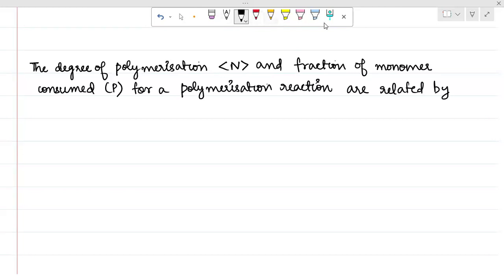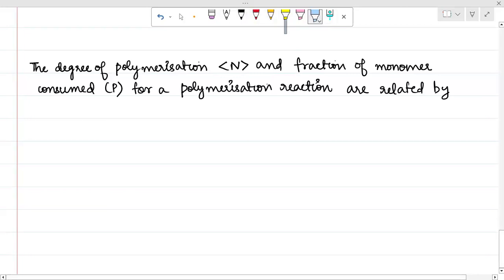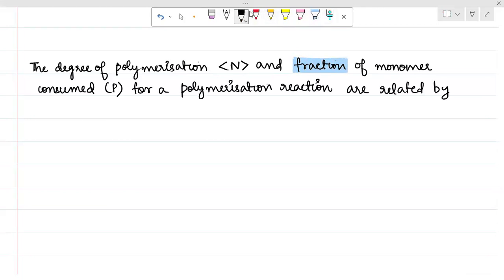Again, I have told you several times that when this word fraction comes, you have to pay attention. We have already done many questions in chemical kinetics.